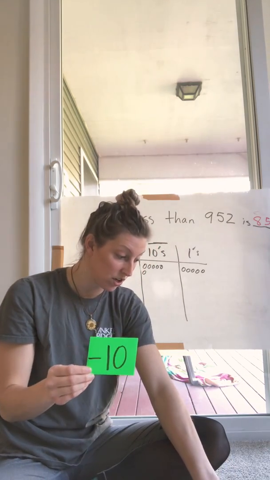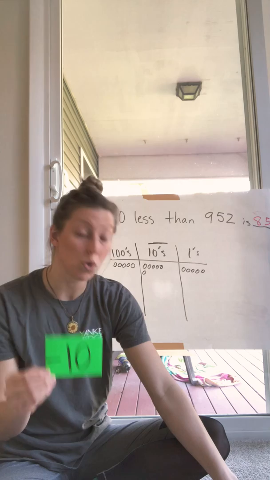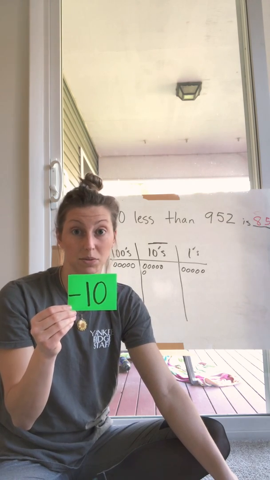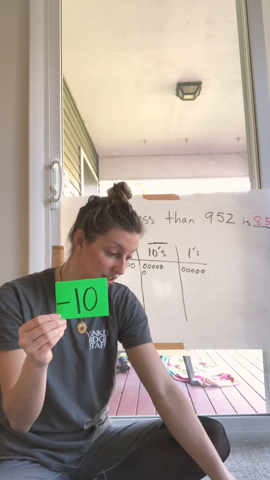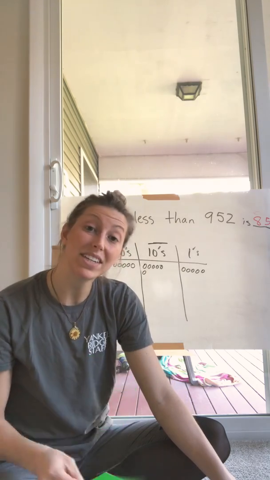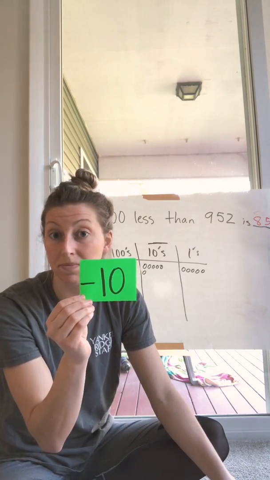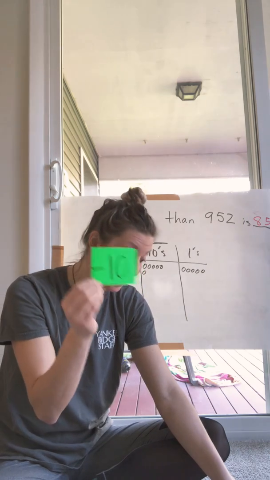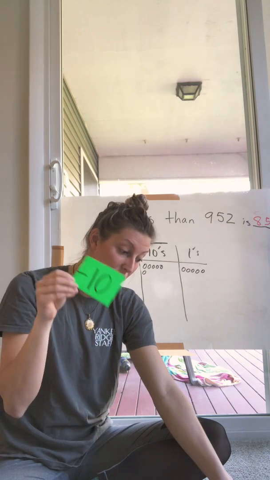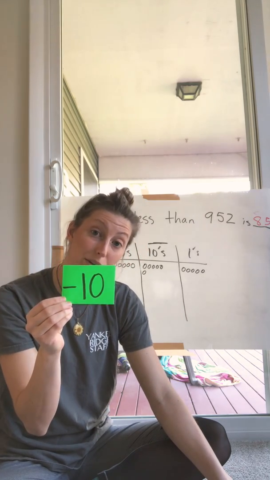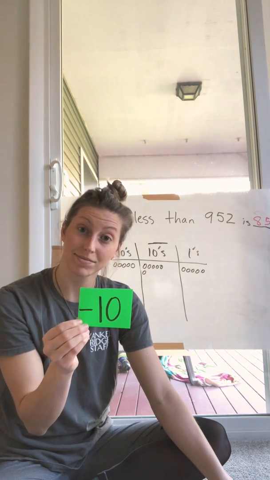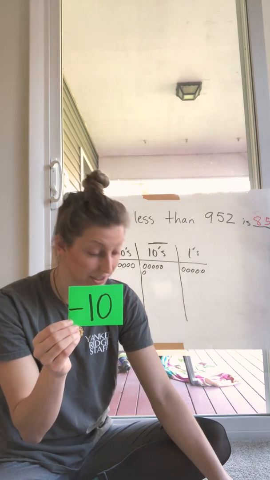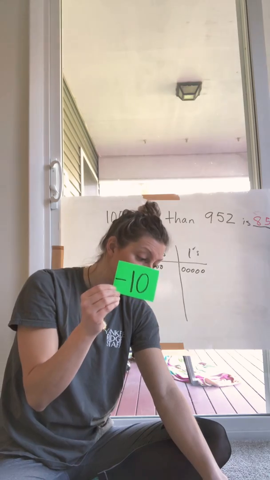Good, here we go. So we have 100. Take away 10 would be 90. Good. Let's see. 78. This would be 68, right? What about 312? Would be 302. Good.